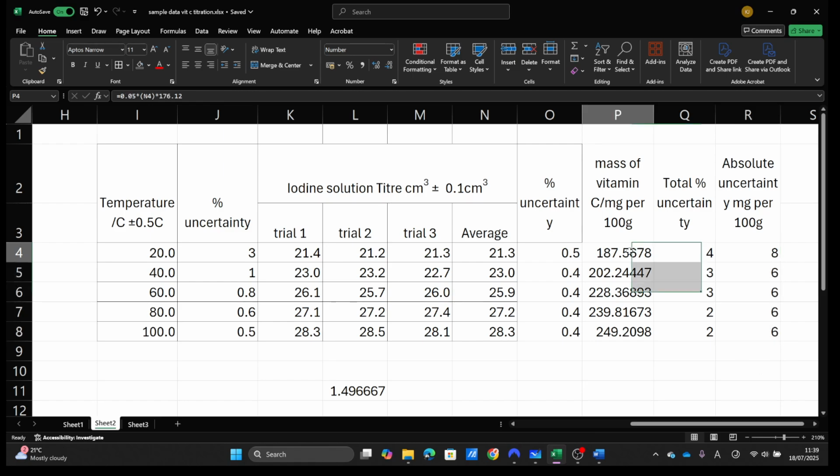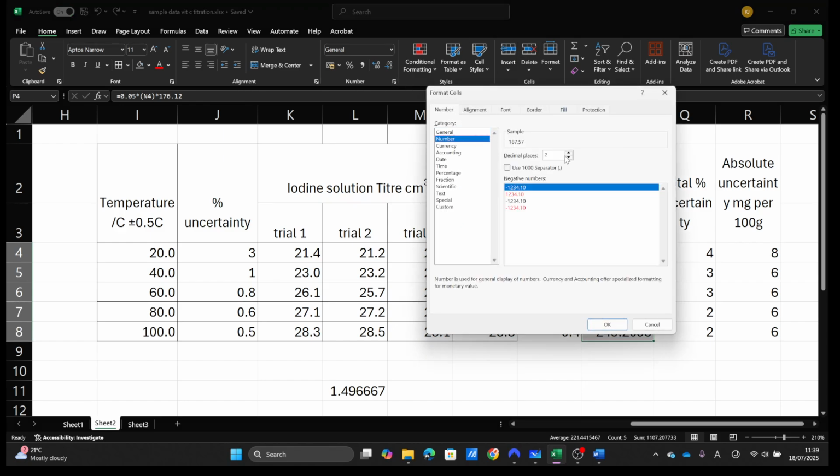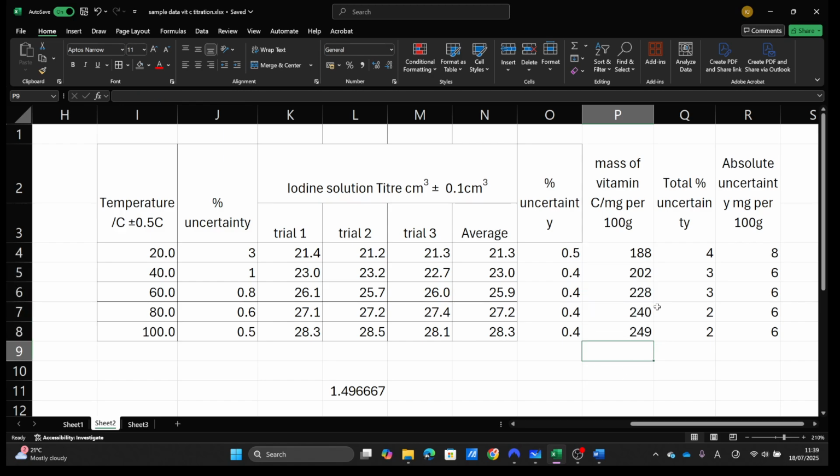I cannot quote my mass of vitamin C per 100 grams to the nearest 0.0001 gram. So all of these also need to be to the nearest whole number. Remember, our values cannot be more precise than our data. There we go.